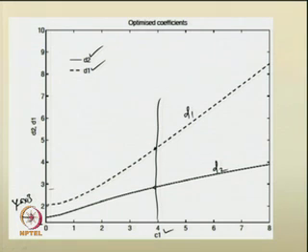When C1 equal to 0, the optimum value of D2 is this much and the optimum value for D1 is this much. So, this set of optimum C1, D2, D1 gives us a standard third order transfer function.